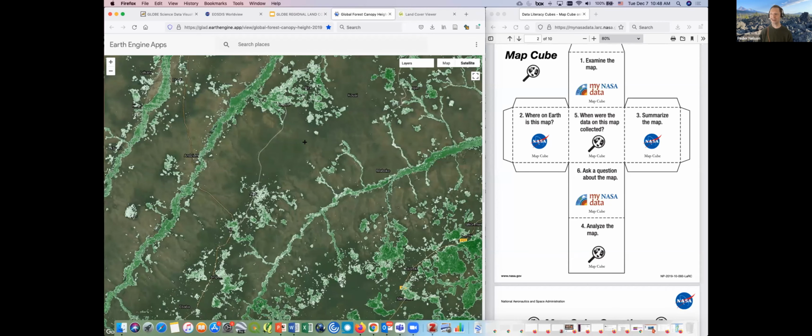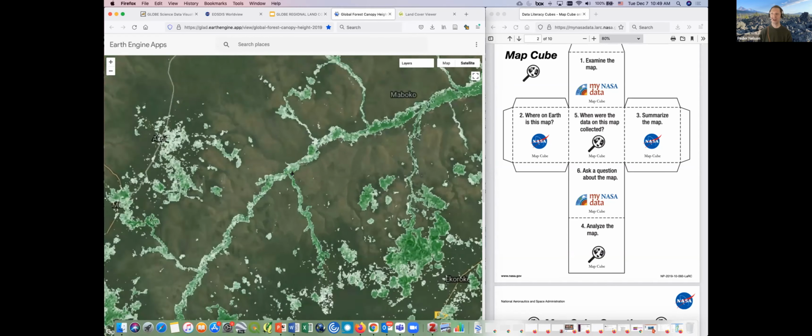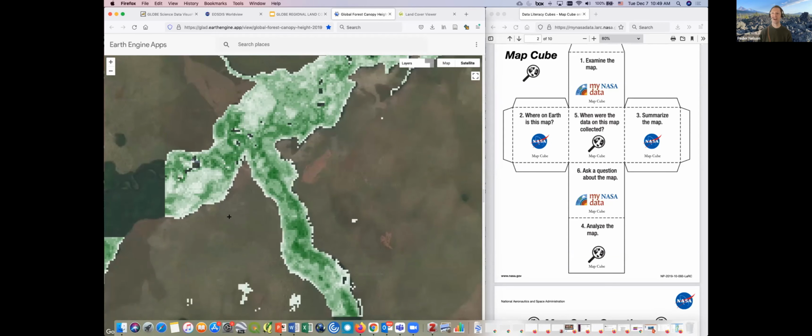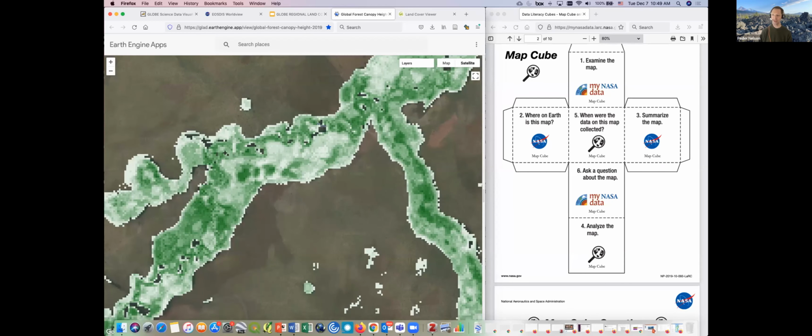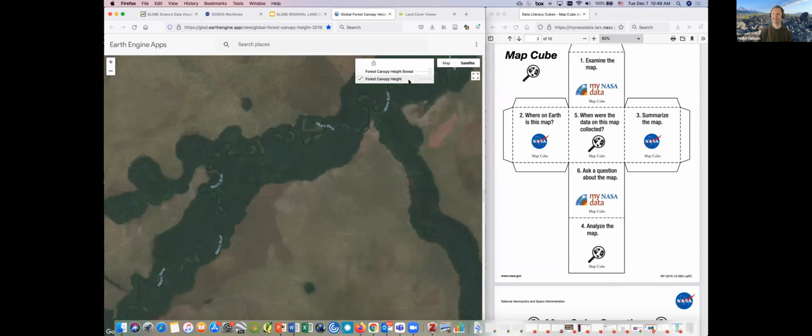So, even though there might be big patches of trees in some areas, we can actually see how there are environmental characteristics that are fostering tree growth in these areas. And when we zoom in, it's really pretty fascinating to see how tied together the tree height is to these river areas. And again, we can come in and turn off that, and let's just kind of fade that back a little bit. And really fascinating patterns.